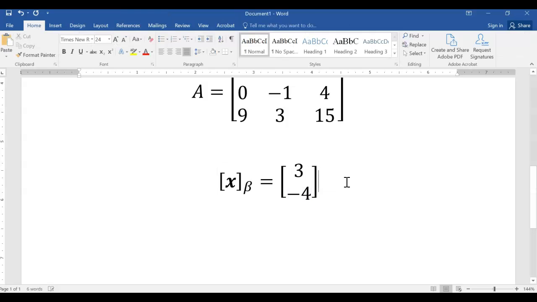All right, so that's what we'd say. So the coordinate vector with respect to basis b for vector x is 3, negative 4.